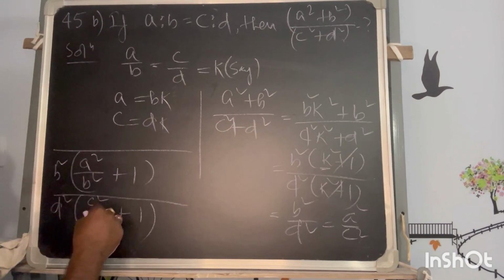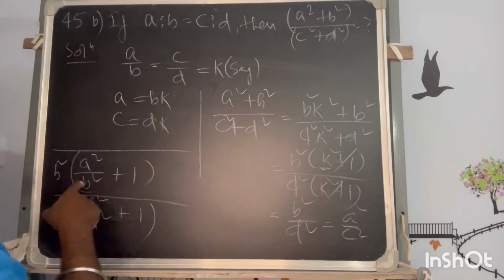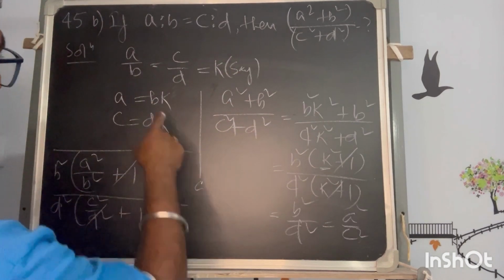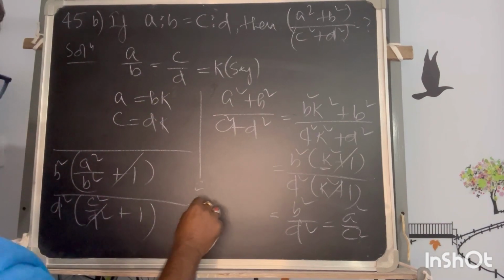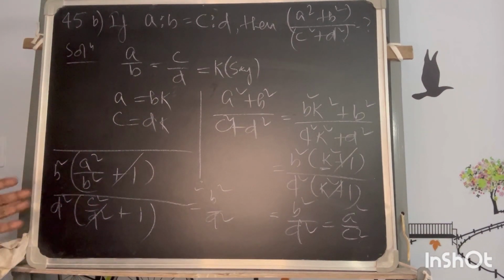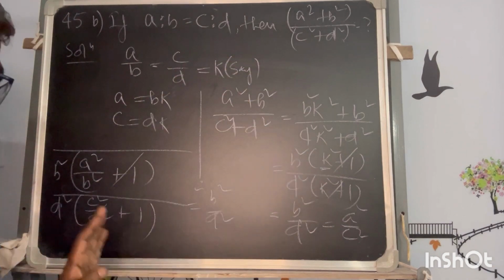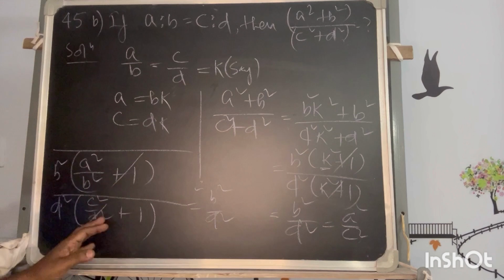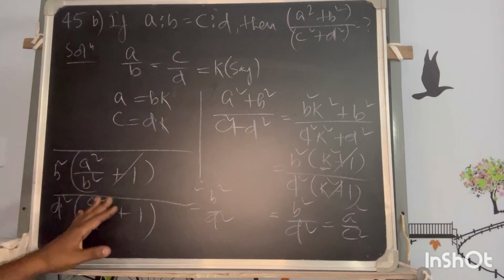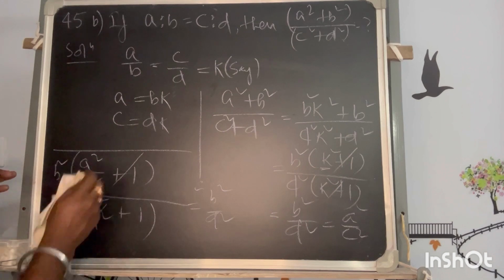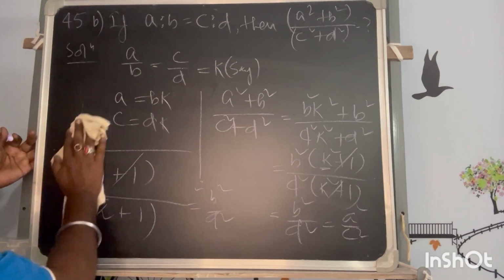Now this term is equal to the ratio, these are the same, so this can be cancelled out, as a by b is equal to c by d, so what remains is b square by d square. This is also a possibility, but if you do it otherwise, there is no chance of this manipulation. You have to make it such a way that you can get the ratios equal. This needs some practice, but this is the straightforward method. You need not think so much.